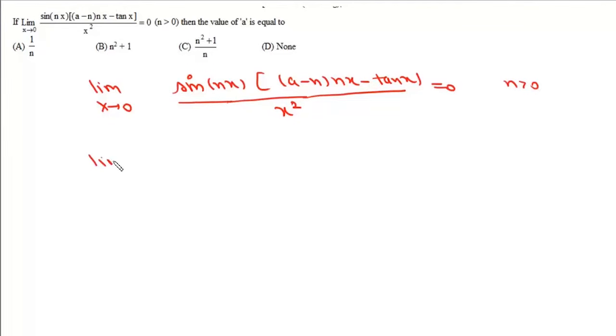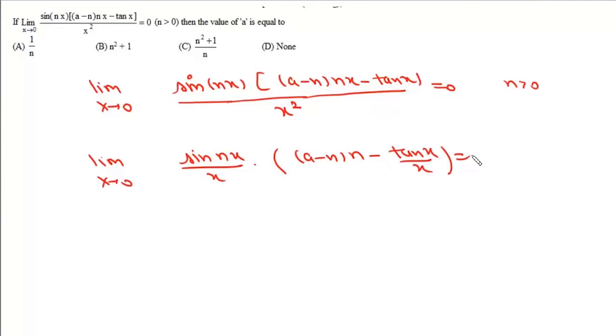Now we can write this as limit x tends to 0, and this is sin nx upon x, and here we'll take one of the x with this, so it will be this a minus n into n minus tan x upon x, and it should be equal to 0.